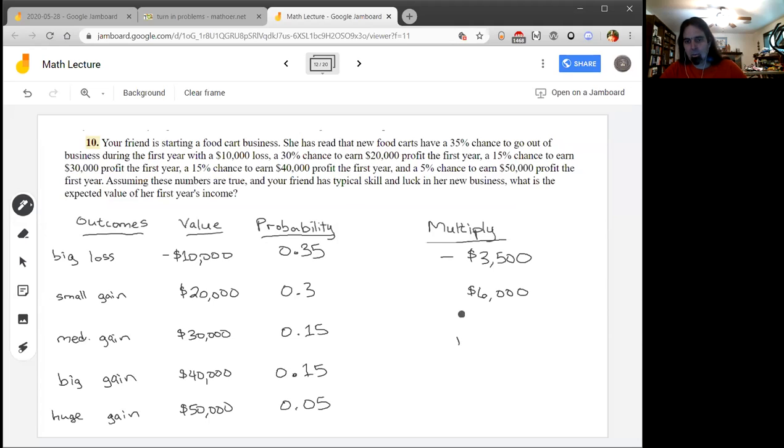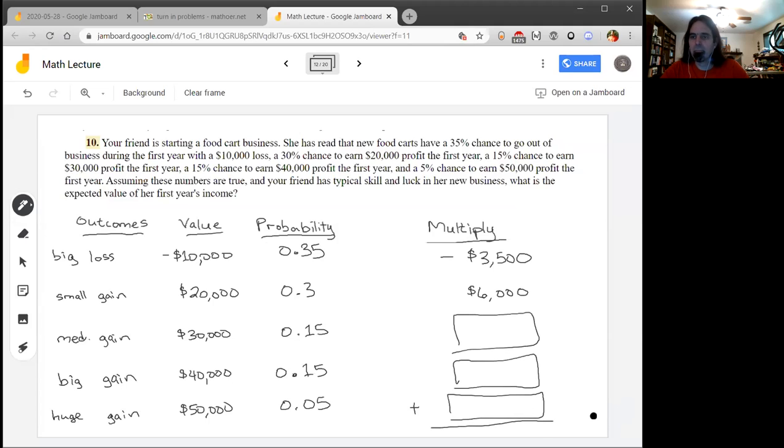So once again, we have three numbers. I'm not going to do this yet today, maybe next class. Multiply across, and when you're done, add everything up, and you would get sort of the overall profit of 1 year of running a food cart business.